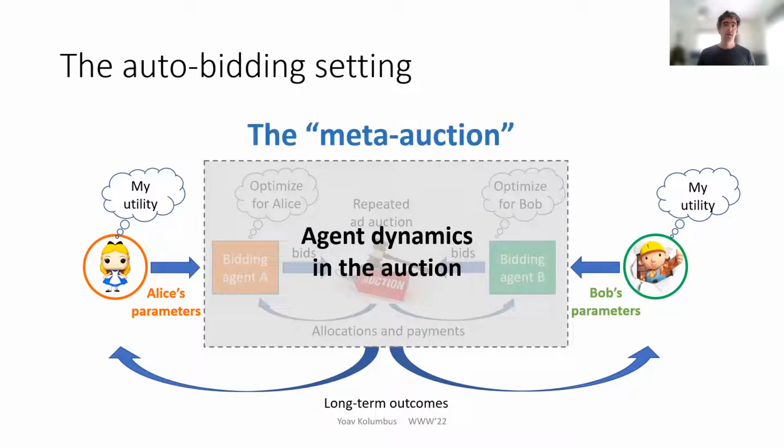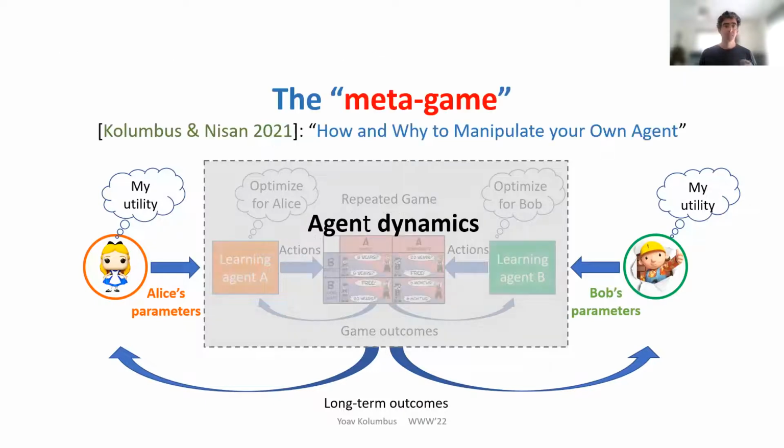And so, in fact, Alice and Bob are not really playing the original auction as it was defined by the platform, but instead they are playing what we call a meta auction, in which their actions are the parameters that they choose to give to their agents, and their utilities are determined by the dynamics of these agents. And I'll just mention that this metagame model is more general. You can think about it in other settings as well, and we do that in a different paper. It opens many interesting questions.